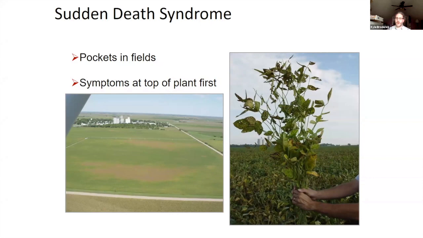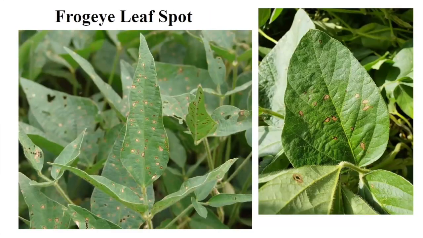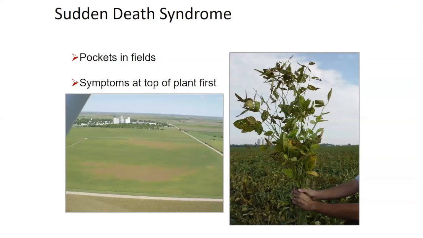But symptoms tend to show up first at the top of the plant. And so earlier, the other Kyle was talking about flagging. We really talk about flagging with sudden death syndrome as well, where we'll get these bright yellow leaves that have interveinal chlorosis. Unfortunately, I did not pull a picture of the leaf symptoms, but we can see them pretty well on this picture on the right, where we have the entire plant.